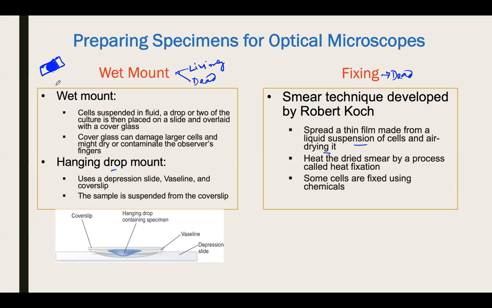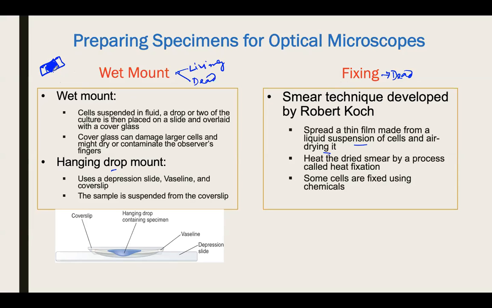So basically what we do, we take the slide and most of the time, as I told, it is the dead specimen, and fixing, usually we fix very small and minute specimen. So we have to make a really thin spread of the specimen onto that slide.